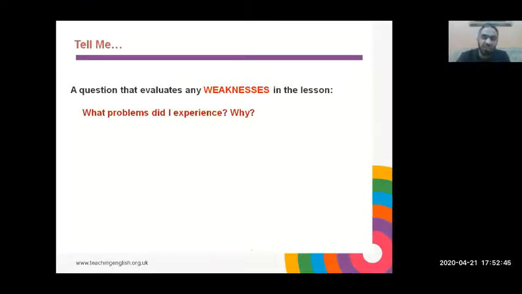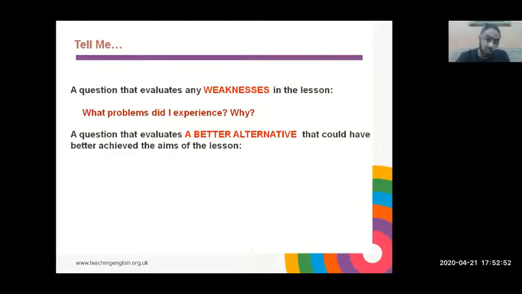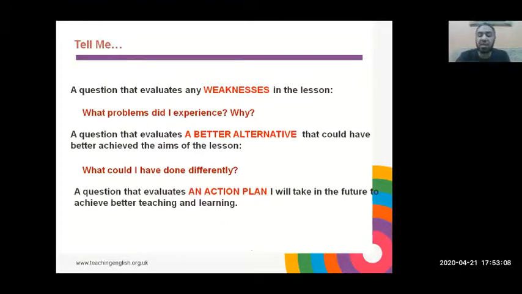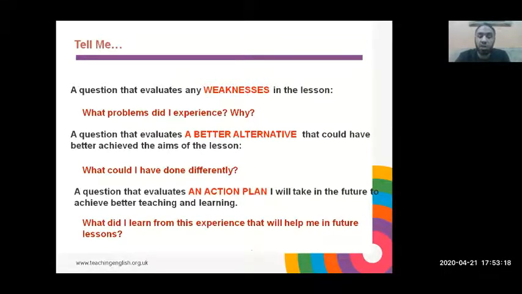A question related to better alternatives that could have better achieved the aim of the lesson: what could I have done differently inside the lesson? And a question that evaluates an action plan I will take in the future to achieve better teaching and learning: what did I learn from this experience that will help me in future lessons?